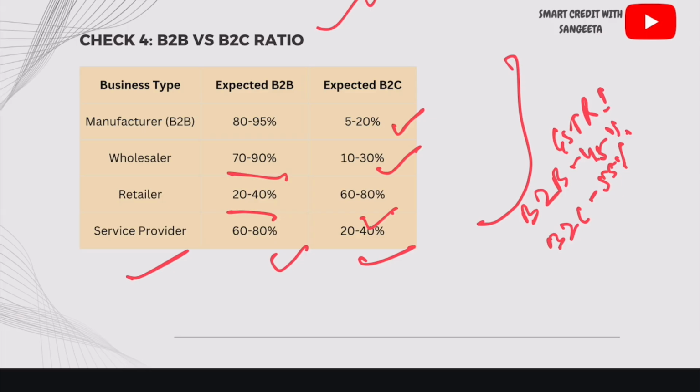No one, only very few. So this means either they are selling to unregistered dealers, which is high risk, or maybe they are inflating B2C to show more sales, which is fraud, or the business model is different than claimed. There can be any of these three, so this is a complete red flag.